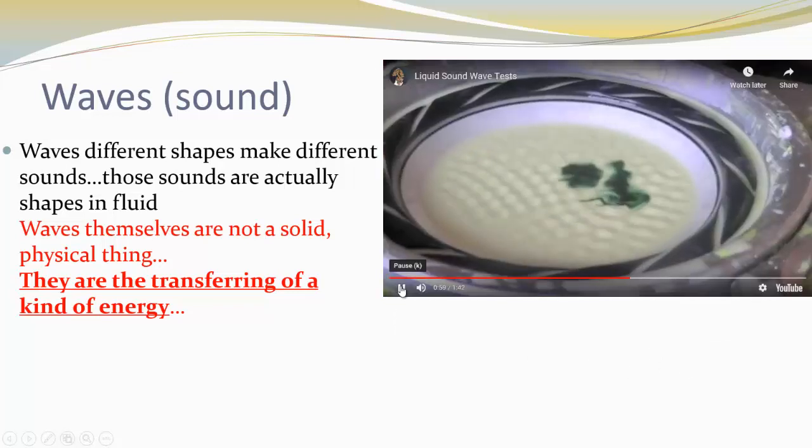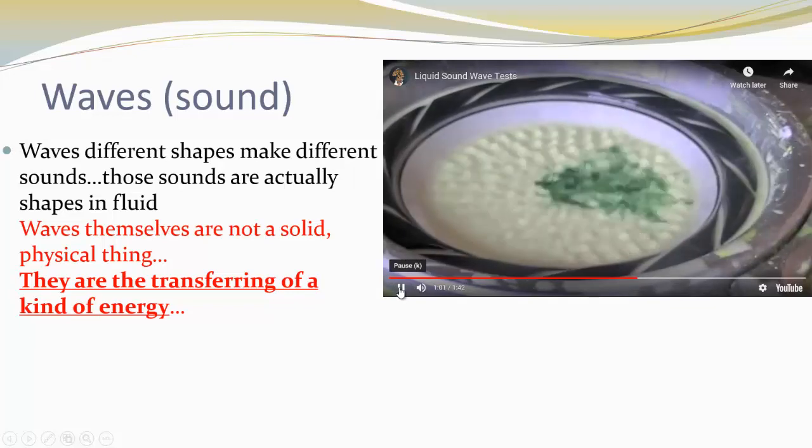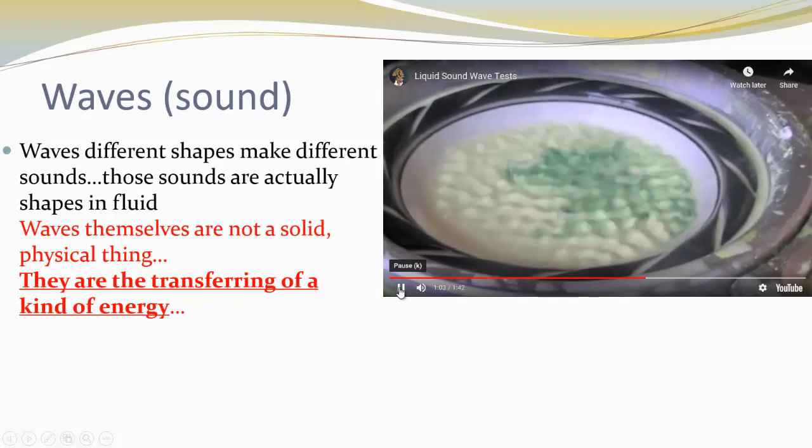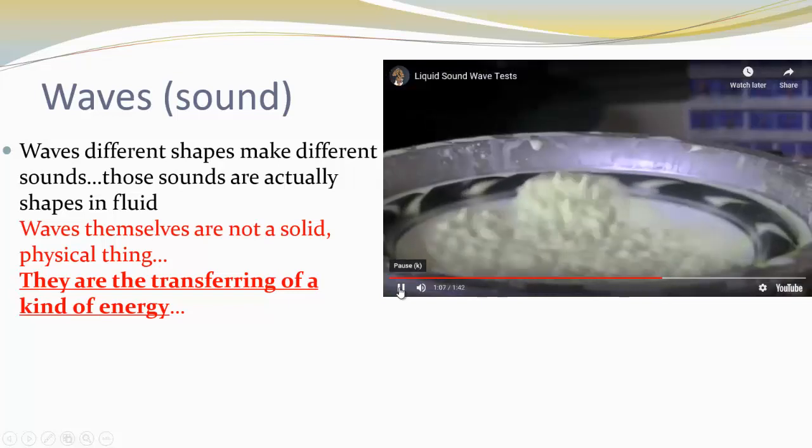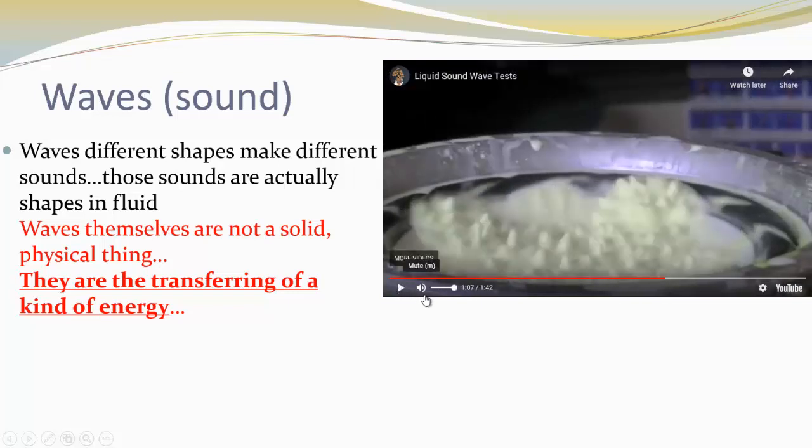So if you notice the lower frequency waves, lower frequency means bigger waves because there's less of them happening in the same amount of time. You'll notice that the lower frequency ones have a bigger gap, and the higher frequency ones are closer together. They're more frequent. And it matches with the tones that you're hearing too, so it's pretty cool that you can actually see that.